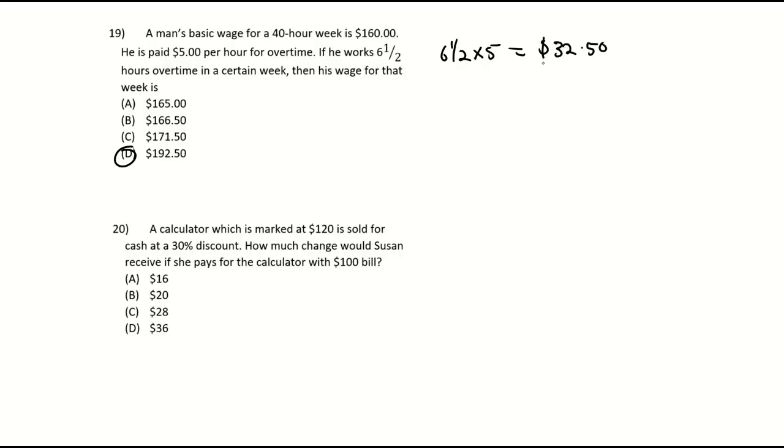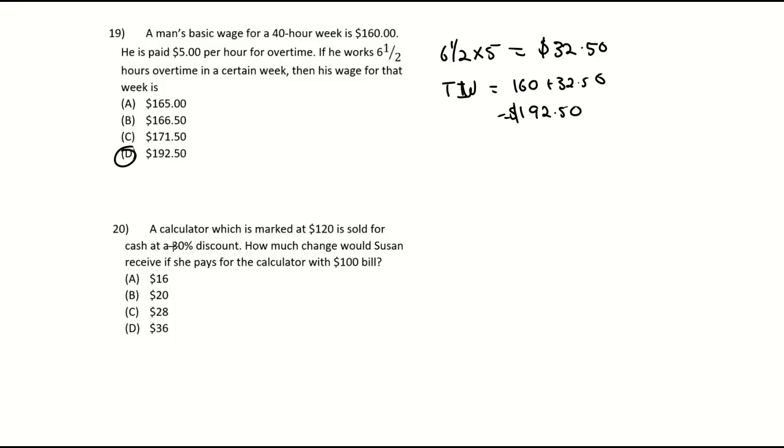This is from my last working, okay? I'm remembering. His total wage would be 160 plus 32.50, which was $192.50. Now, even if you remember the answer, guys, please just check it over very quickly.